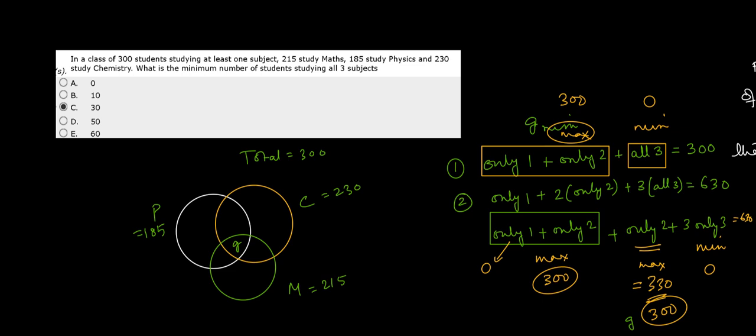So if this is 300, this is 0, this becomes 300. Now this is 300 plus 300, 600. That's 30. But here I have taken 0, it is not becoming 630 still, correct? So what should I do?